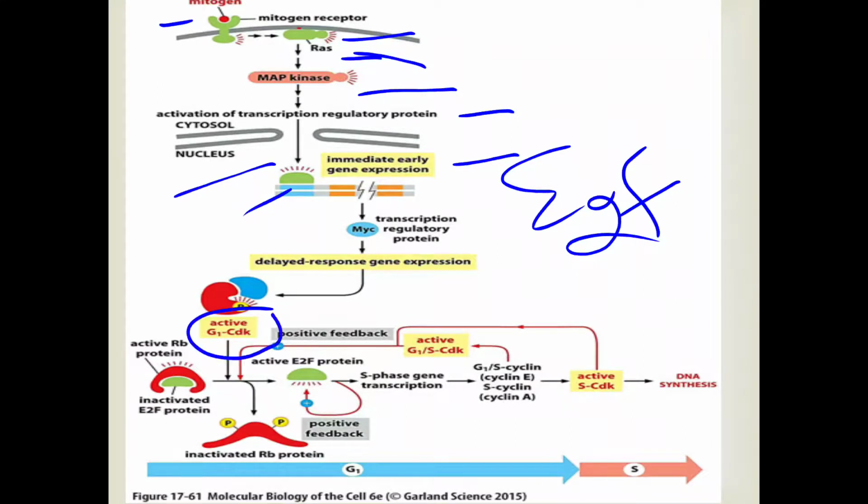So the G1/S CDK cyclins are activated. When the regulatory protein is activated, that will allow the binding of the E2F to that DNA sequence, and that will lead to the initiation of the MYC.